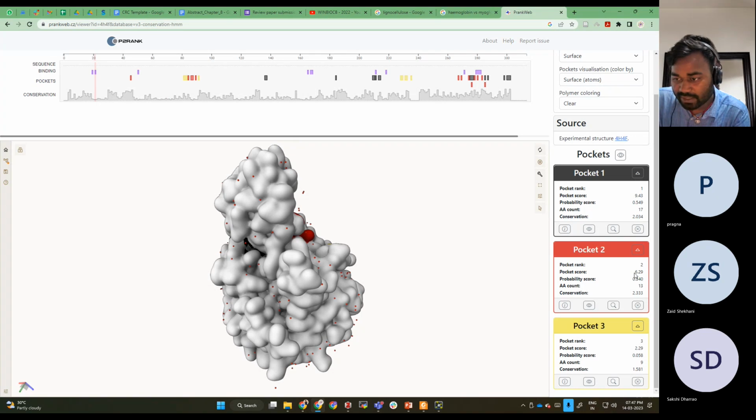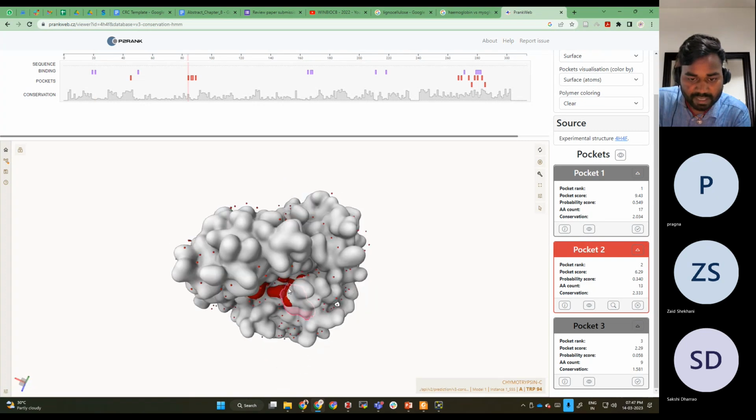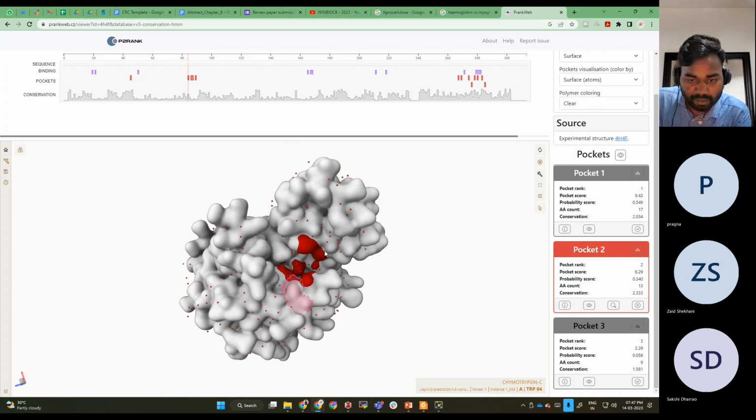Another binding pocket is 6.29, but pocket 3 is very low. So these two are the most probable binding pockets because the pocket score is very high, 9.43. So we will hide these two, and then we will only see this one. So this red one is the binding pocket.